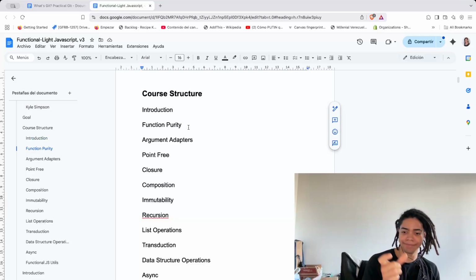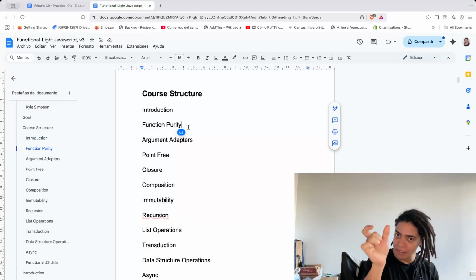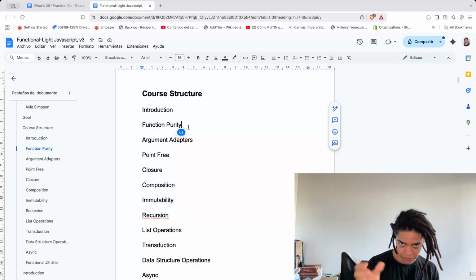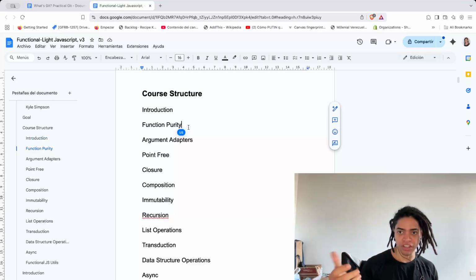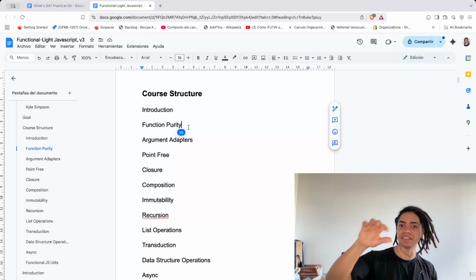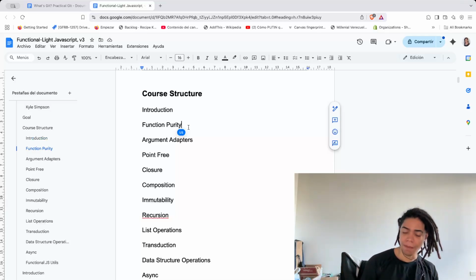So we look at what a function is: not only is a function to describe the semantic relationship between the inputs and the computed outputs, but also to reduce the surface area of reassignment of variables, which is, hey, if we want to have certainty that this particular function won't cause any side effects or won't change the state of our application in an unexpected way, by reducing the reassignment surface, a lot of the time that will give us much more confidence that our code works as expected.